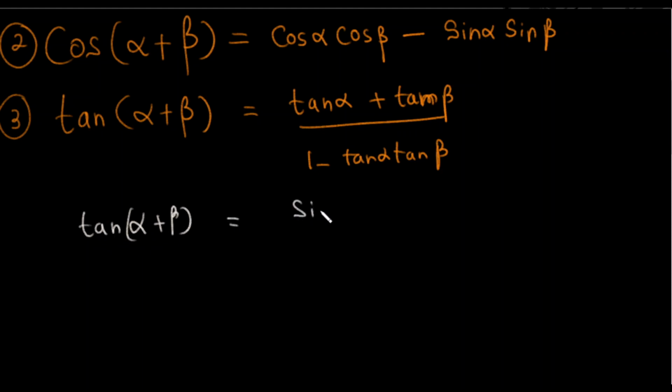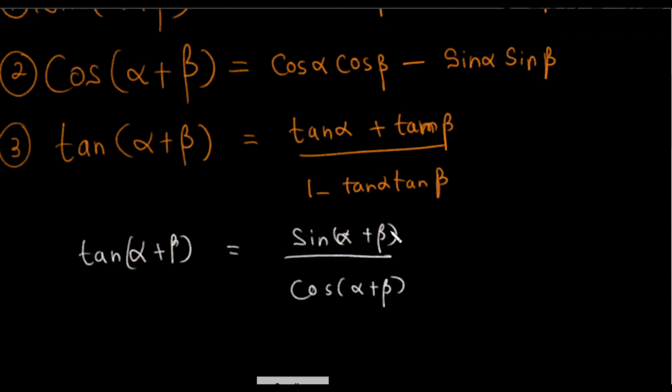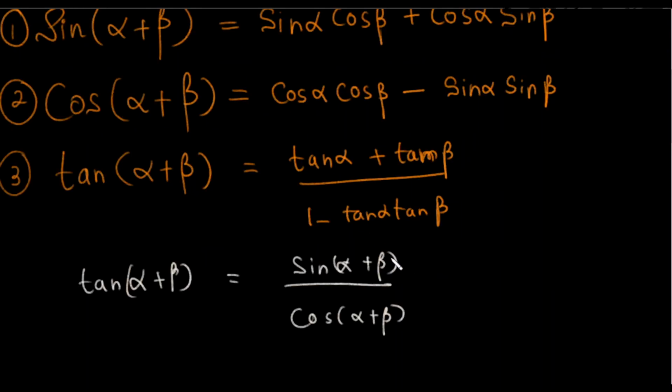We know that tan of alpha plus beta is equal to sine of alpha plus beta divided by cosine of alpha plus beta. Now you know the equations for sine of alpha plus beta and cosine of alpha plus beta, so I'm going to use these equations.